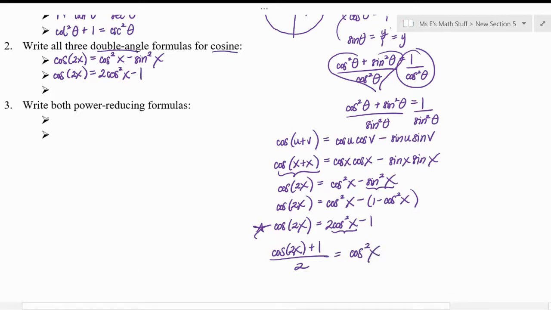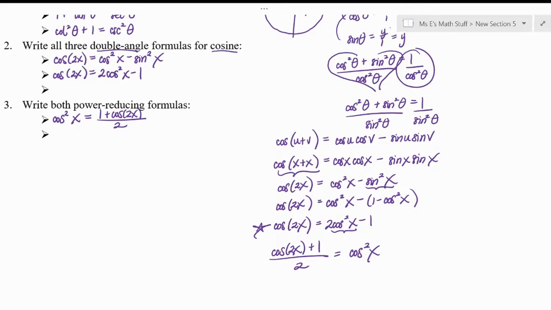And that is a formula that we'll start reaching for. If you have cosine squared, let's say in an integral, and you don't like having cosine squared in an integral, you could replace it with this version of it. What's nice about that is you don't have cosine squared anymore. It would take it from an integral that's undoable into an integral that's doable.